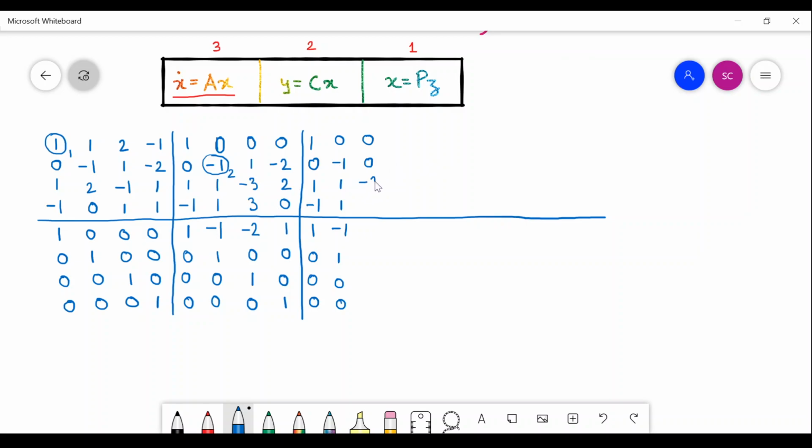So you are adding 4, and what you are getting is -3, 1, 1, 0. Then this one, we want to make it 0, so you are scaling with -2 and then adding, so this is also becoming 0 and this is becoming -2.